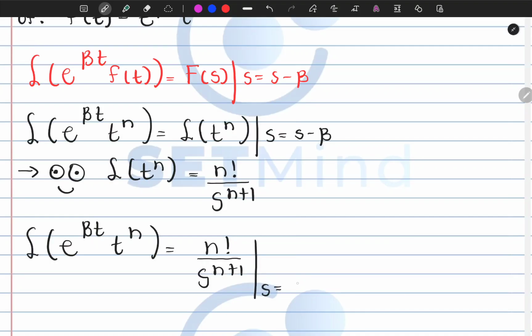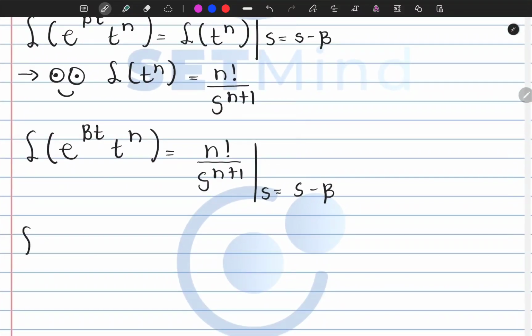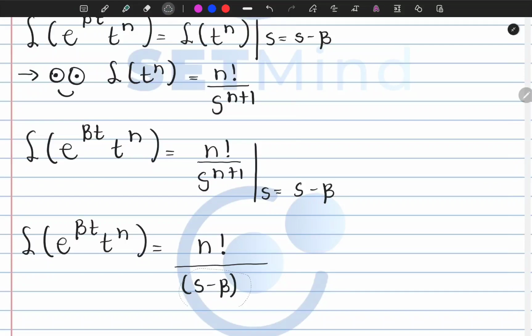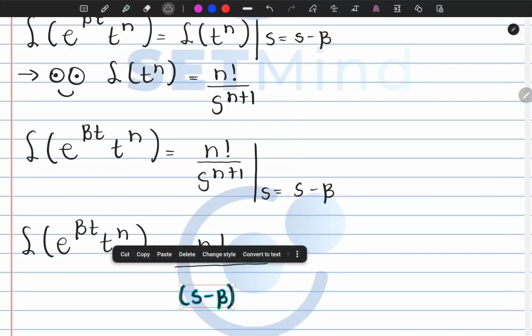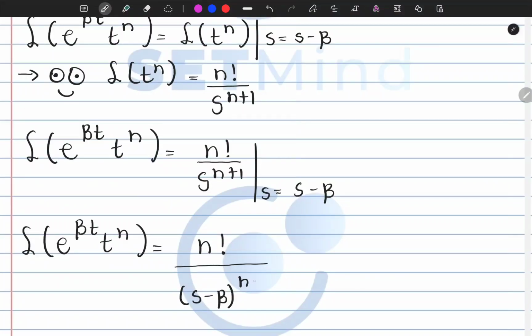Then wherever we see s, we put s minus beta. So the final answer for this question will simply be n factorial divided by s minus beta, all raised to the power of n plus 1.